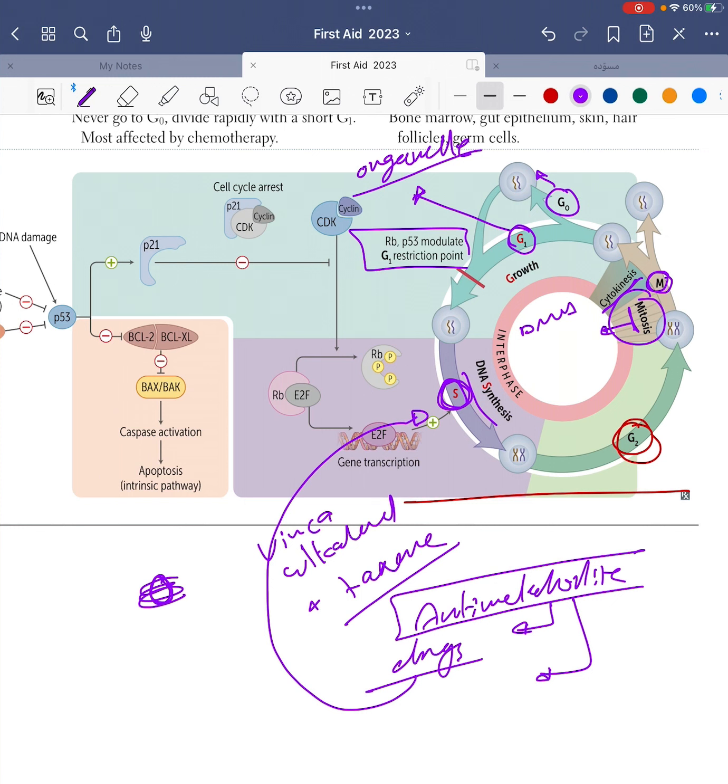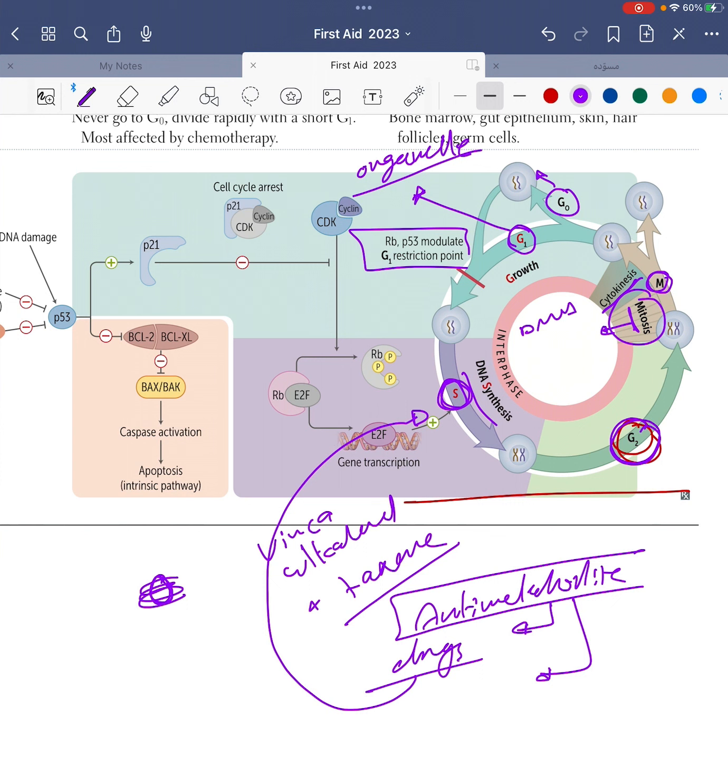And also we have the G2, that's the last part of the cell cycle. It says it is the pre-mitotic growth, so that's before the actual division of the cell from one into two.